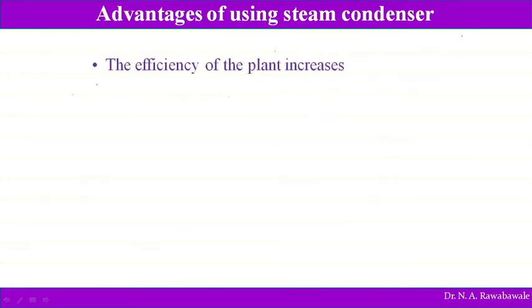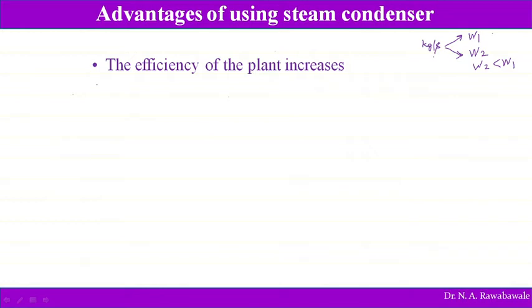Why does efficiency increase? The same amount of steam is expanded. Say for example 1 kg per second of steam is passing, and without a condenser it produces W1 amount of work, and if we are using a condenser it produces W2 amount of work. Due to the larger expansion, W2 is greater than W1.